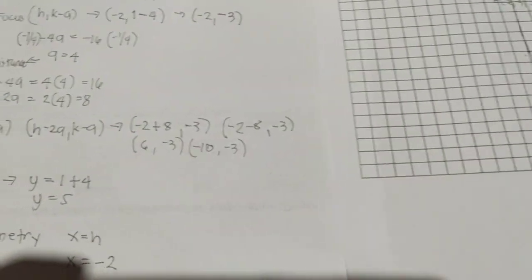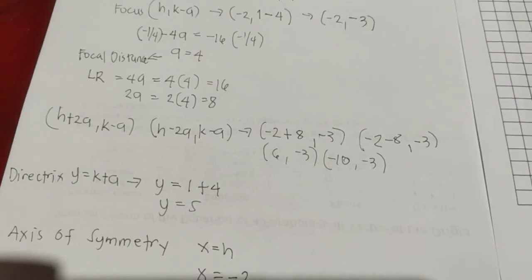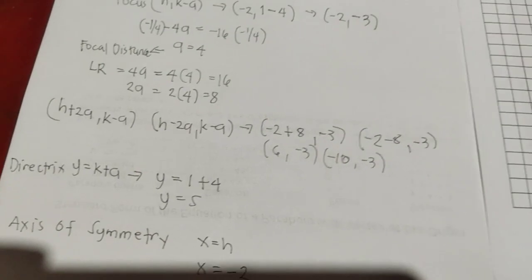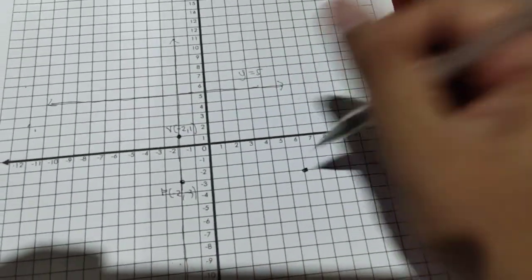Then we plot the endpoints of the latus rectum of the parabola, which is 6, negative 3 and negative 10, negative 3. So we have 6, negative 3 and negative 10, negative 3.